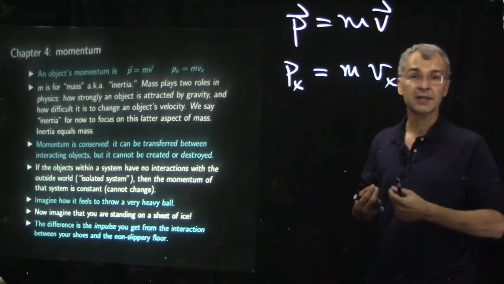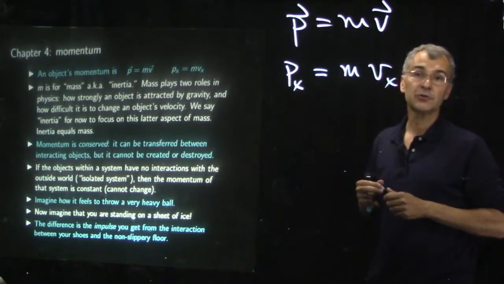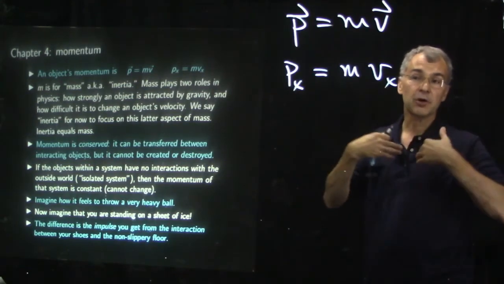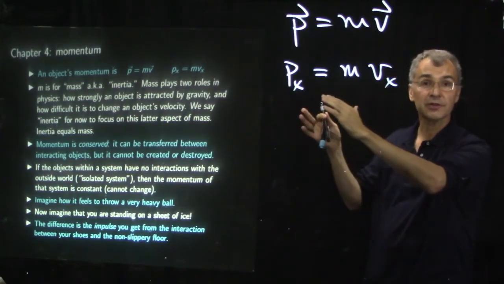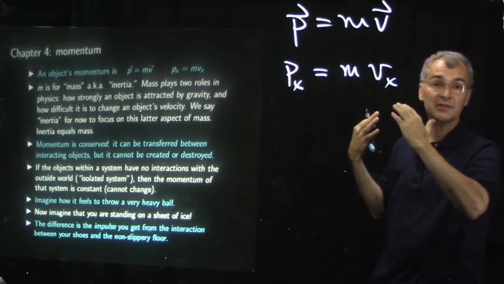If you watch me throwing and catching the ball in that clip, you see that if you take the ball plus me system, its momentum is not constant. You notice that the ball is moving toward me, I catch it, and then after I catch it, nothing is moving.